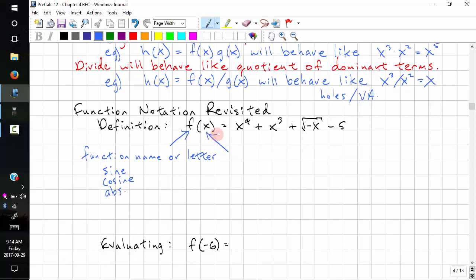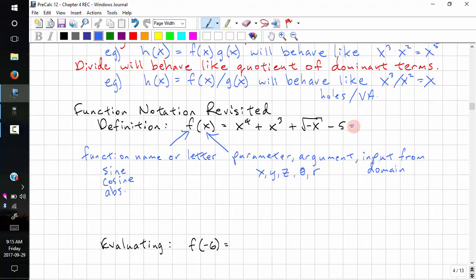This is the parameter. It's also called the argument, and it's the input from the domain of the function. This could be x, it could be y, it could be z, it could be theta, it could be r.